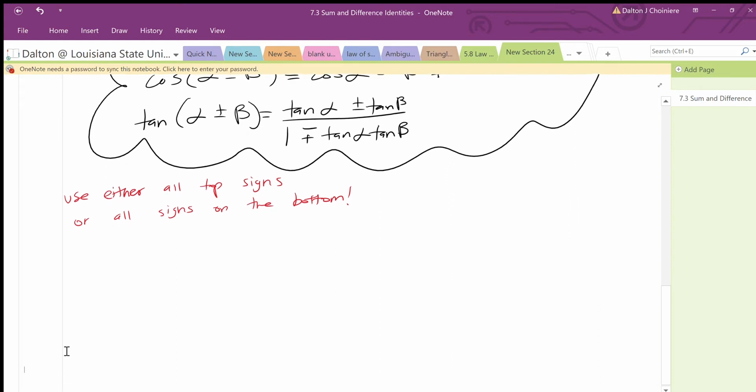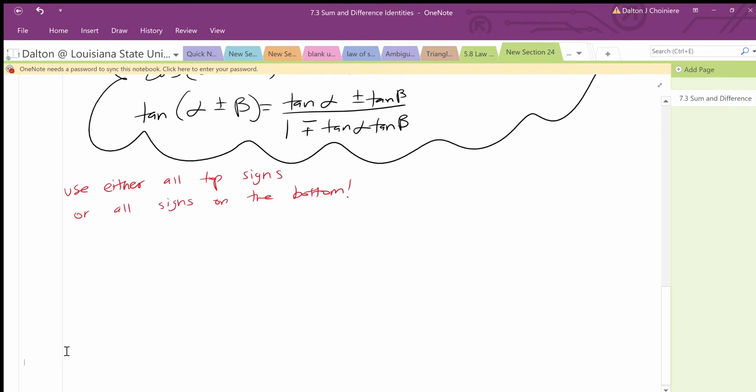All right, now let's show how these actually work. So the first thing I want to do is find the cosine of 105 degrees. Now, the thing to note is 105 degrees is not one of those easy angles on your unit circle, right? The easy angles on a unit circle are increments of 30 and 45 and 60 and 90 degrees.